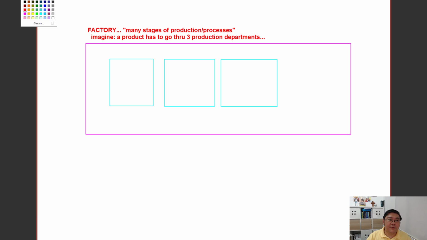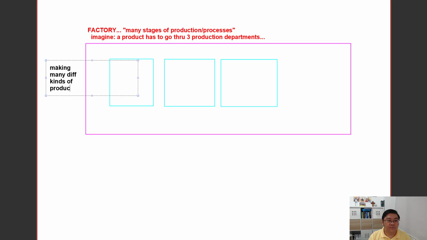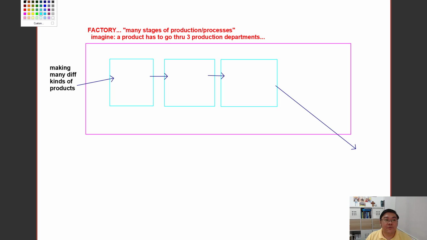Now you will have many products. You're making, let's say, many different kinds of products, and all these products will go through the first stage, second stage, and then come out as finished goods.